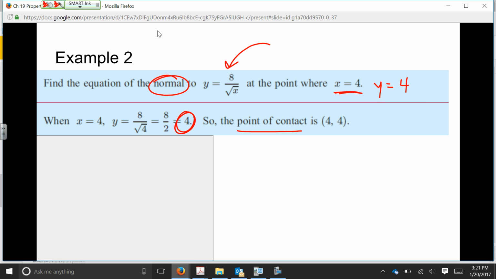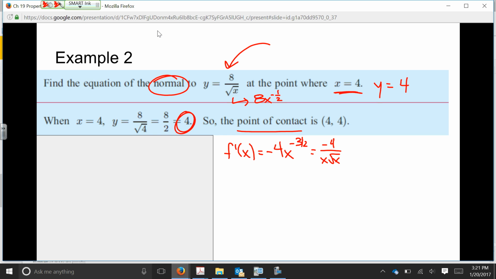So we're going to go ahead and find the derivative function. We're going to find f prime of x. Now, if I think of 8 over rad x, as we see right here, I could also look at that as 8 times x to the negative 1/2. And sometimes that makes it easier on us to find the derivative. That's just going to be negative 4 x to the negative 3/2, or negative 4 over x rad x.